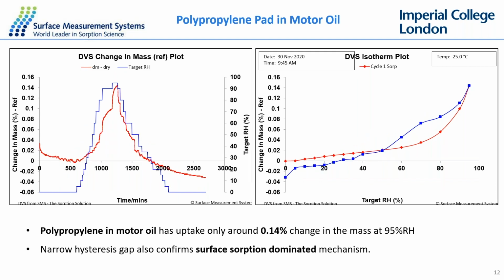Now for the polypropylene pad in motor oil, we see that the uptake is less, about 0.1% change in mass at 95% relative humidity. And we also see that there's a narrow hysteresis gap, and this confirms surface sorption was the dominating mechanism.